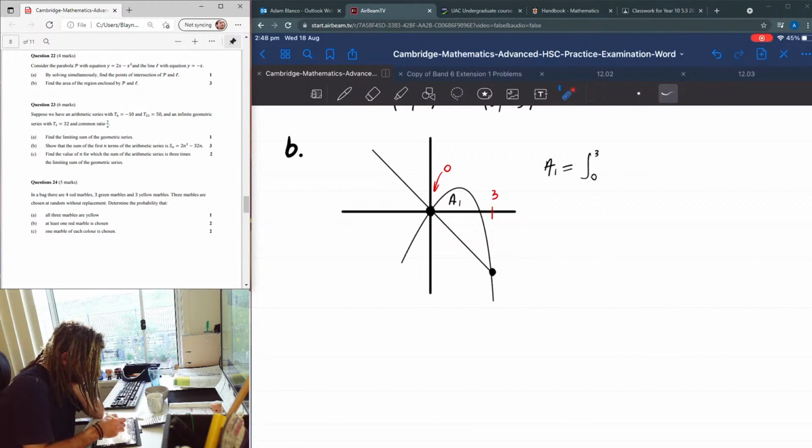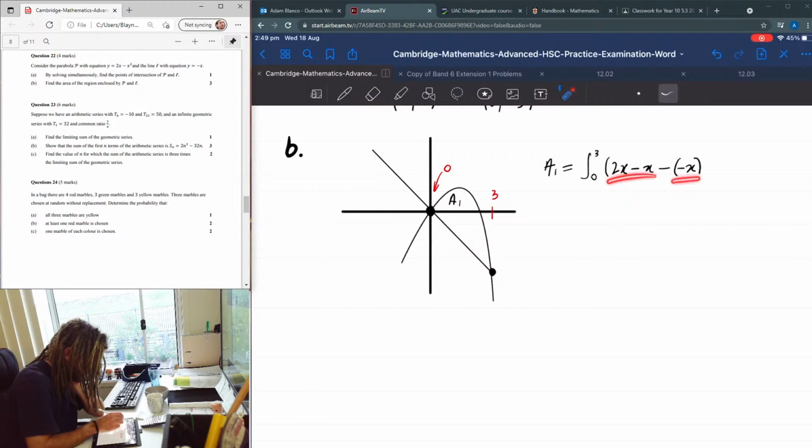Because this one is on top of this one, I do this graph minus this graph. So that graph minus the other graph. That's for any two functions: if you're trying to find the area between them, you do the top graph minus the bottom graph.